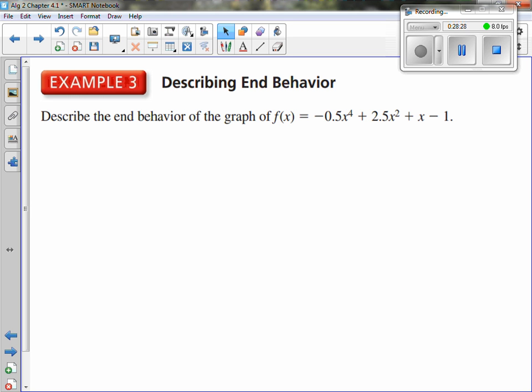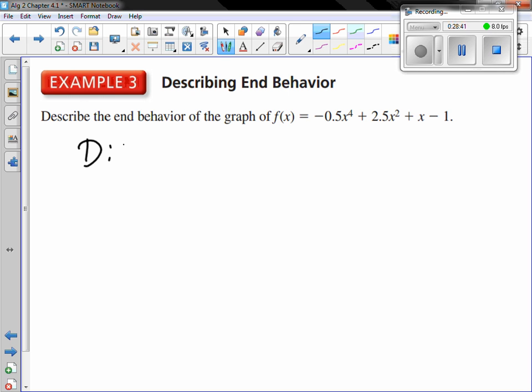Let's look at this here. We want to describe the end behavior. Now, what is the degree of this function? Is that even or odd? Even. So the degree for this is even. The leading coefficient, is it positive or negative? Okay, so let's look at that chart. We have that chart right there on that page. Which one of those has an even degree and negative?